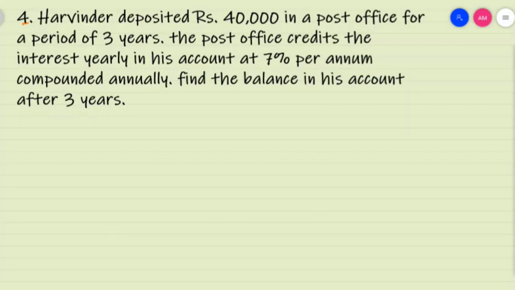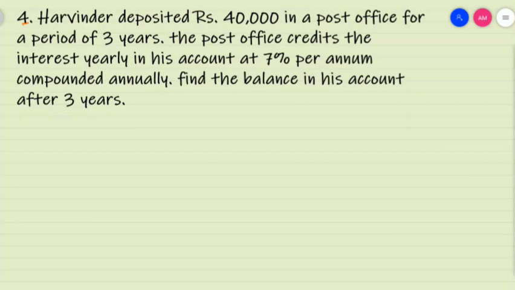Now the post office credits the interest yearly in his account at 7% per annum compounded annually. Look here children, the post office is giving him interest in compound form. So compounded annually, every year the interest is calculated and then it is added to his main amount, and then again the next year interest is calculated.